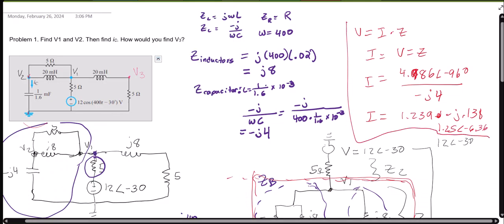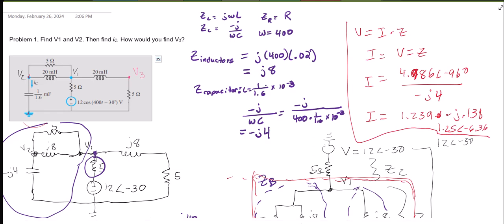And then I asked the question, how would you find V3? Can y'all tell me how you would find V3? It would be pretty easy. Yeah, so you do it the same way we did V2 over here. You'd start with V1, which would be the total voltage difference from here to here.